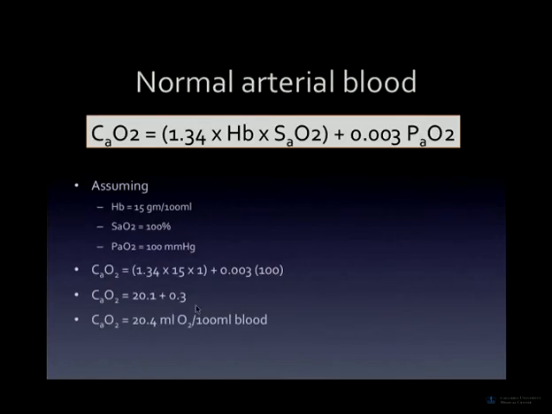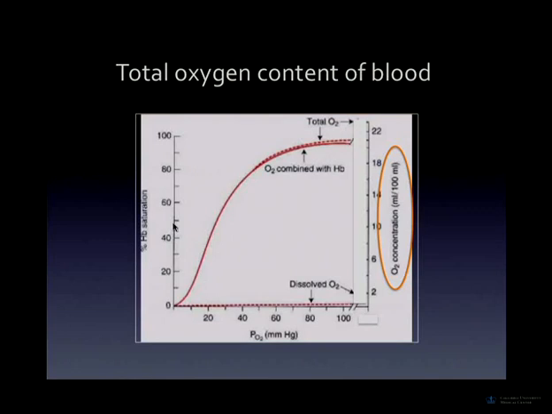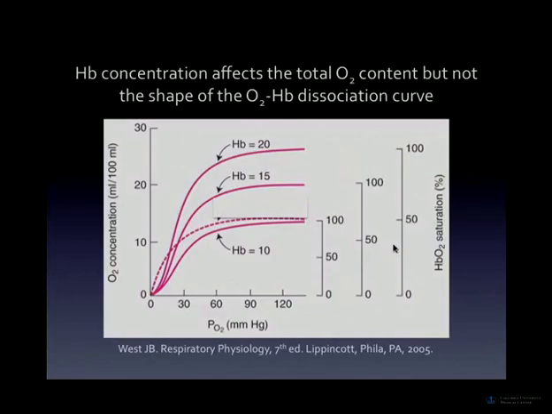Together that's about 20.4 milliliters of oxygen per deciliter under these pretty standard or ideal conditions. And getting back to this west curve, this is just the left-hand y-axis.